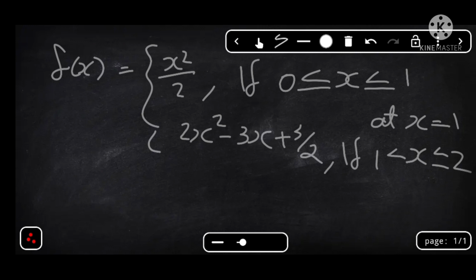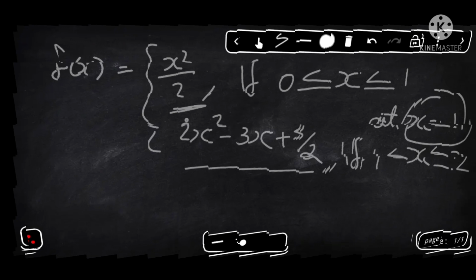We are supposed to check whether f of x is continuous at x equal to 1. We have been given two functions. Let's begin.